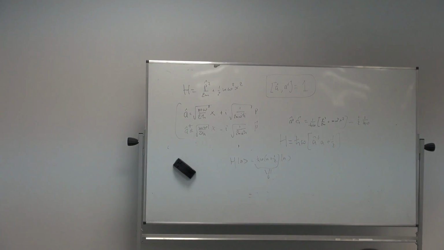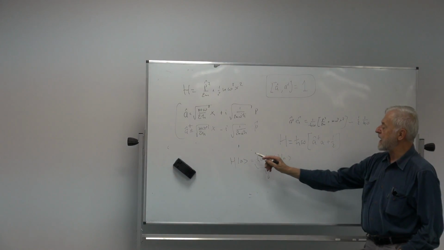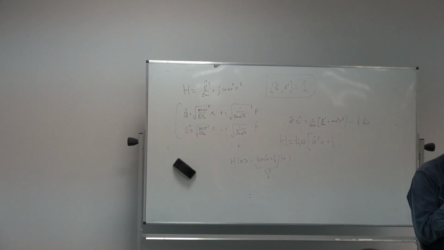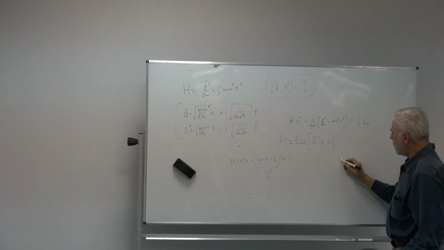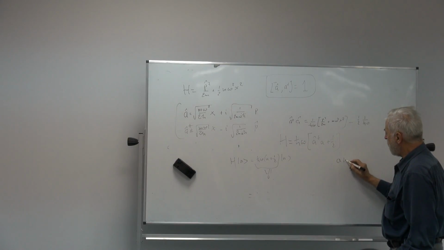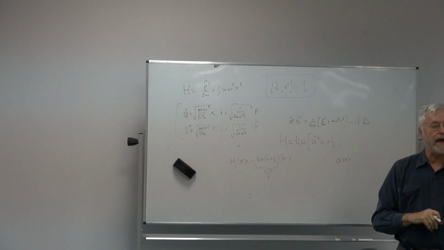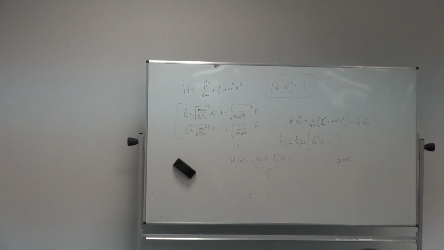So now, just as before, let's assume that I have such a guy, and let's assume that I want to know what happens if I take my as yet unknown eigenvector, multiply it by this A, which, anticipating your knowledge, I can call lowering operator.